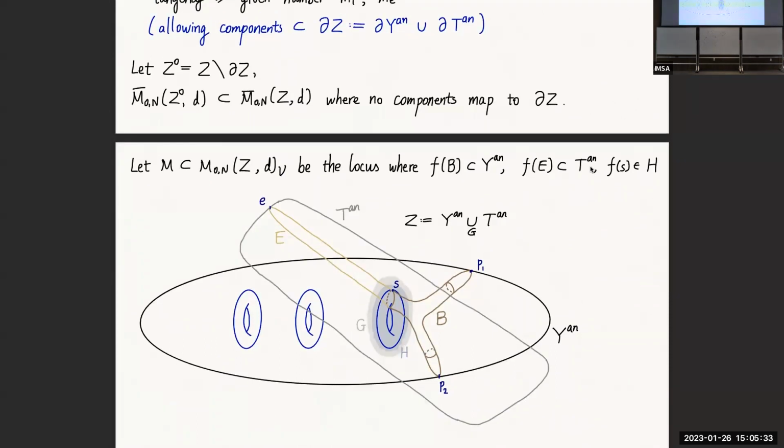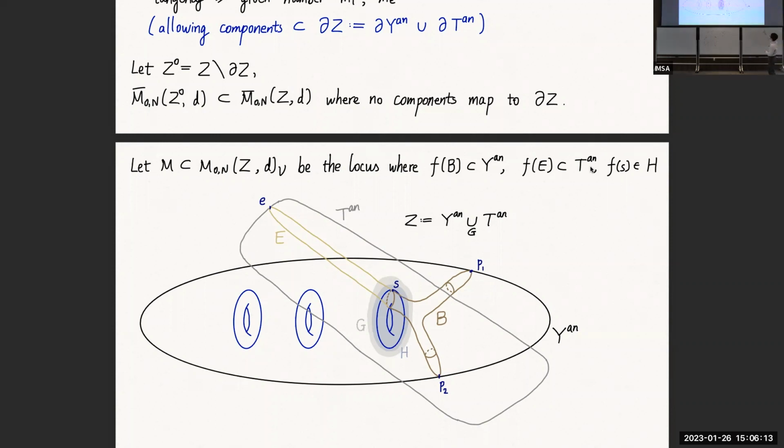And now the real locus, the moduli space that we are interested in, is this subset of the moduli space M-bar_{0,3,D}, where the domain curve has this property given by V. Recall that this property is simply asking that there is nothing between the marked points E and S. So we consider this locus M, where we put the conditions that we had before.